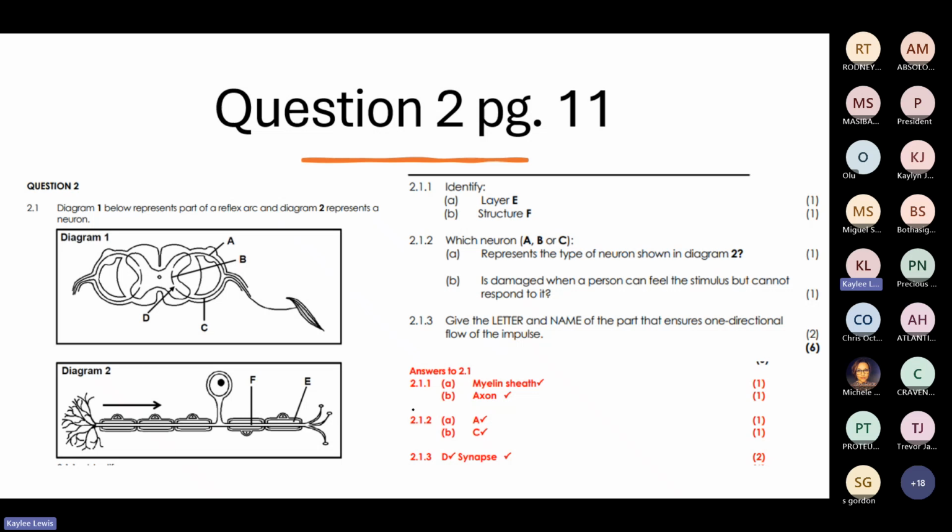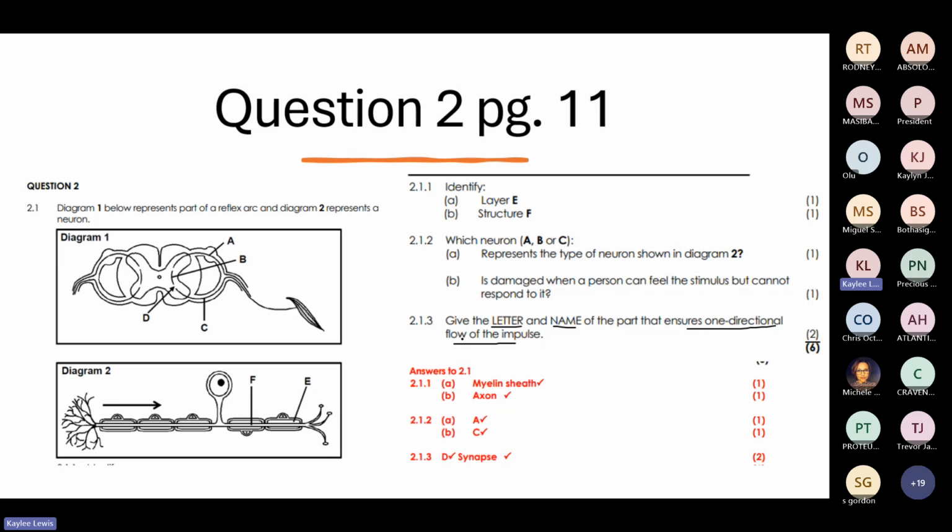And then 2.1.3 says give the letter and name, for 2 marks, of the part that ensures one directional flow of the impulse. What helps the impulse continue on its pathway and go from one to another to another? That is the function of the synapse.